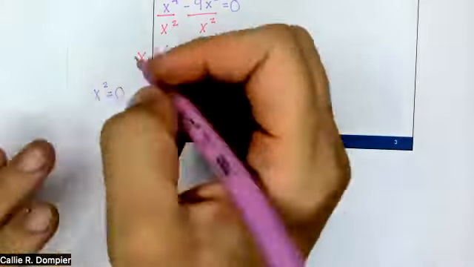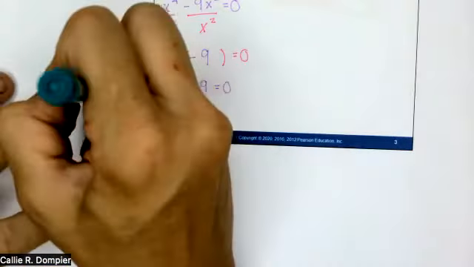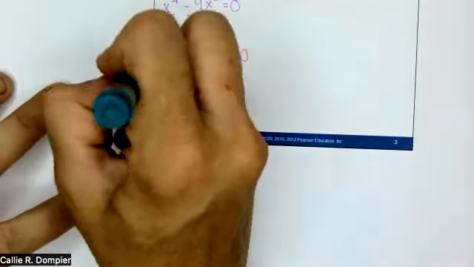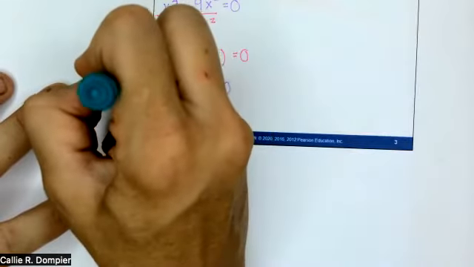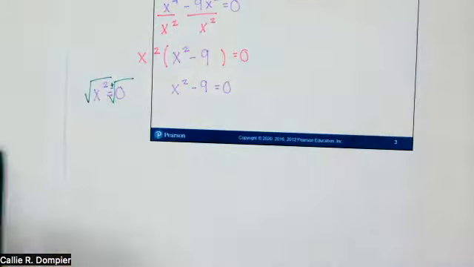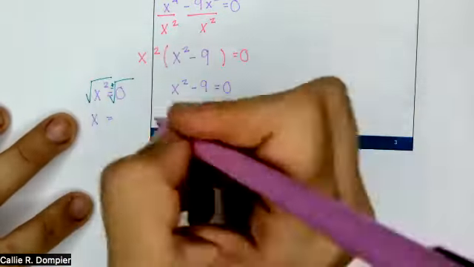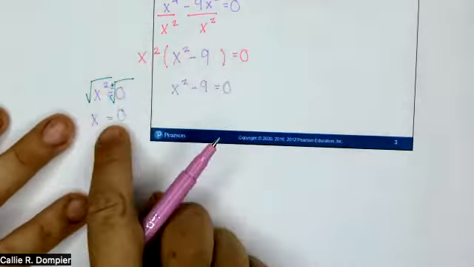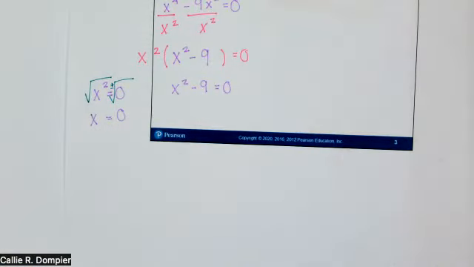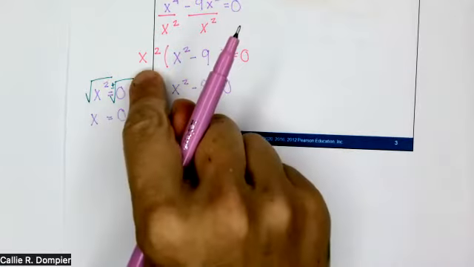X squared equals 0. Take the square root of x squared. The square root of 0 is 0. So you don't need +0 and -0. They're both 0. Good. So x equals 0 for that first one.